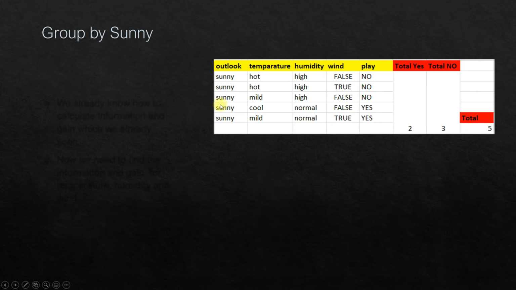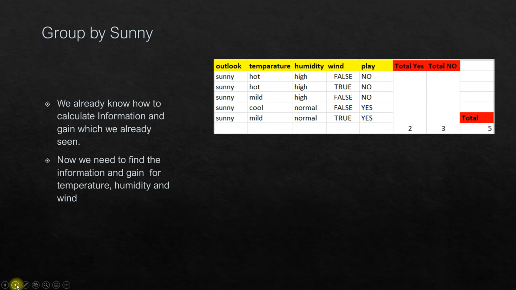Now we'll group the data based on sunny. I took the data where Outlook is only sunny, and these are the remaining values for the remaining columns, temperature, humidity and wind, for which I need to find the information gain. We already saw how to calculate the information gain for the variable Outlook, and we follow the same steps as usual.